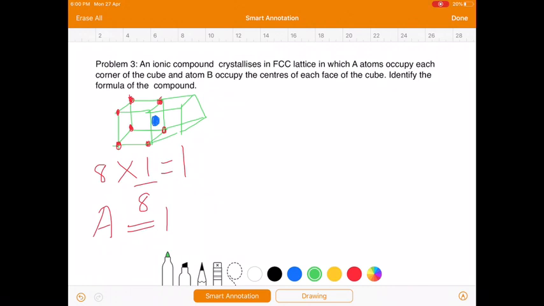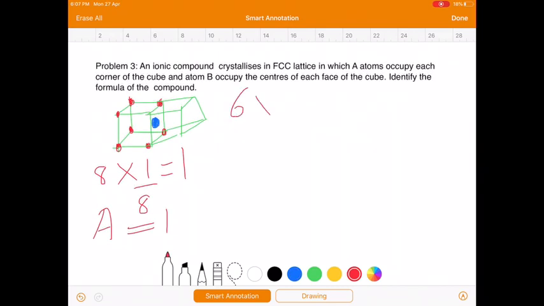So this particle at the center of the face is shared by 2 unit cells. Like that we have 6 faces. So 6 into 1/2 is equal to 3. So the number of particles of B will be equal to 3 in the unit cell.